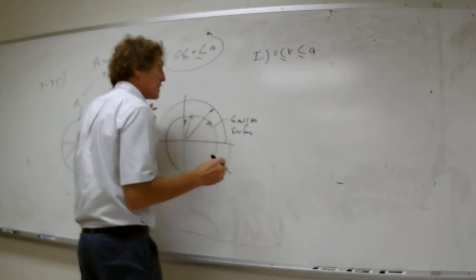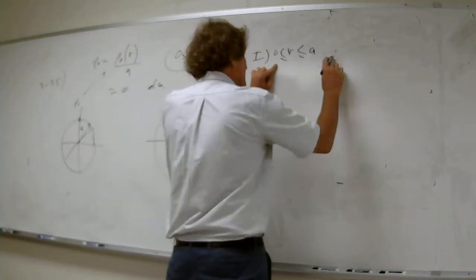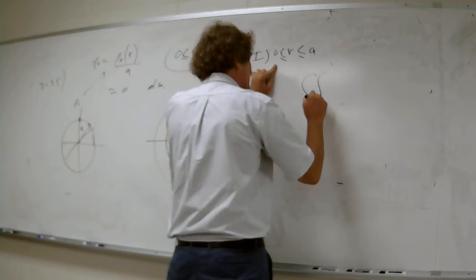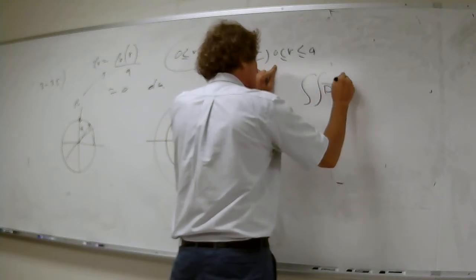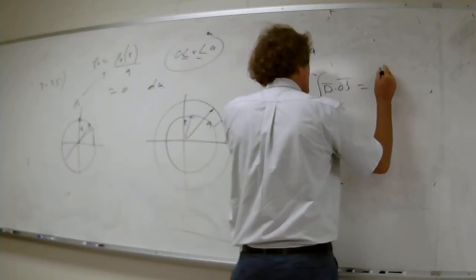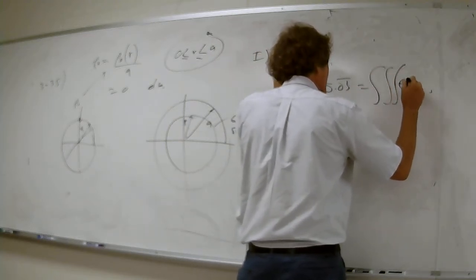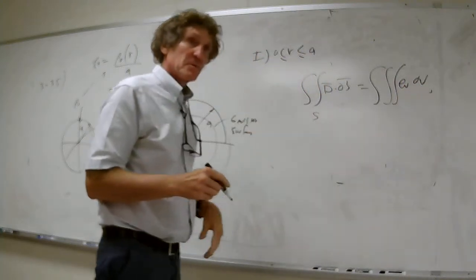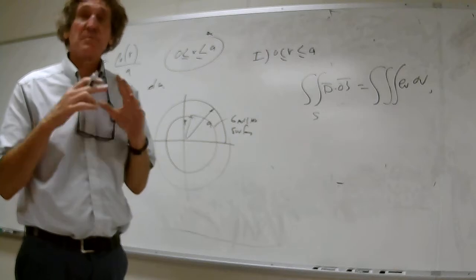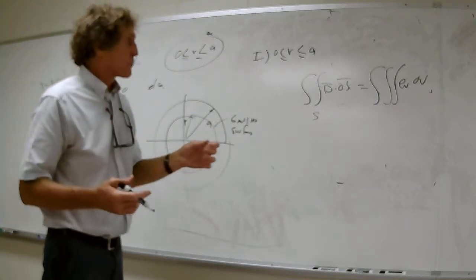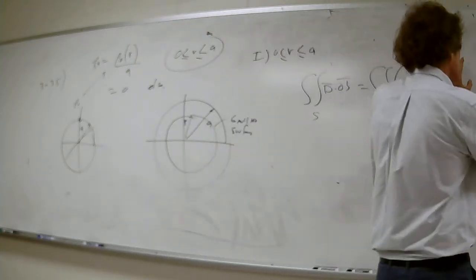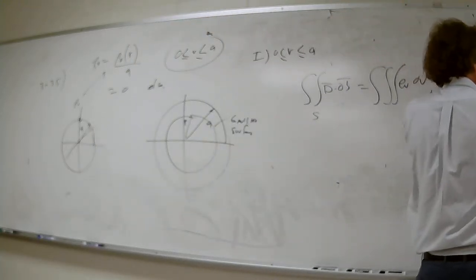It's imaginary. So the surface integral of D dot dS over that surface inside there is equal to the triple integral of rho v dv. Y'all with me on this one? Now, it's spherically symmetric. You could write out, and don't do this, but you could write out this part of the integral as a double integral of the D field.